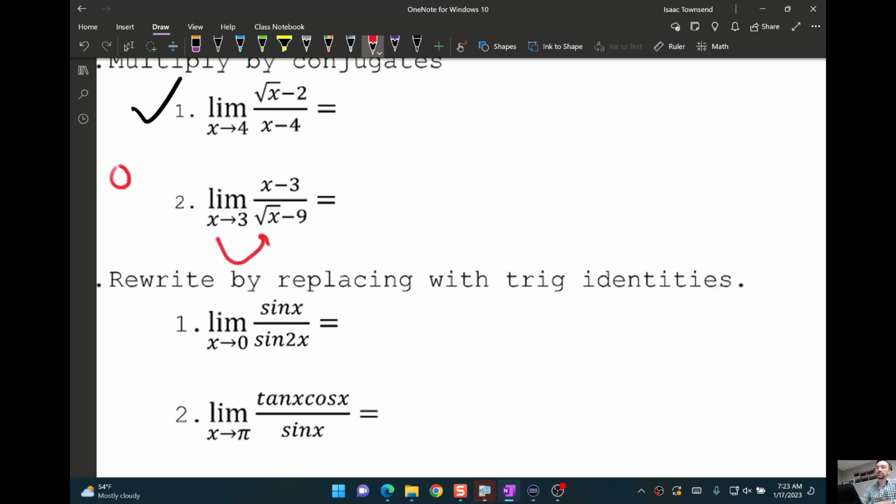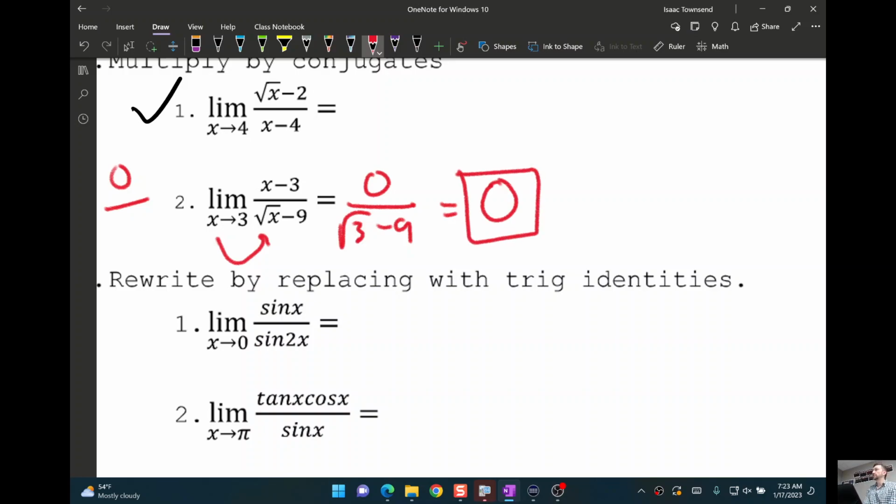Okay, well, we'll just work it the way that it is. I plug in 0 into the top, I get 0. I plug 3 into the bottom, I get this. And as long as it's not 0 over 0, you don't have to do the fancy arithmetic to move forward. If it's 0 over some other number, it's just going to be 0.